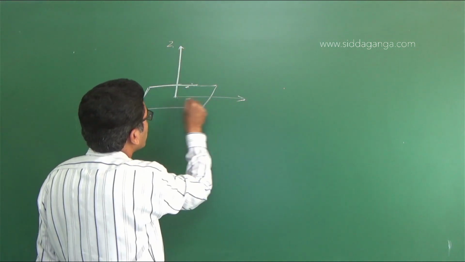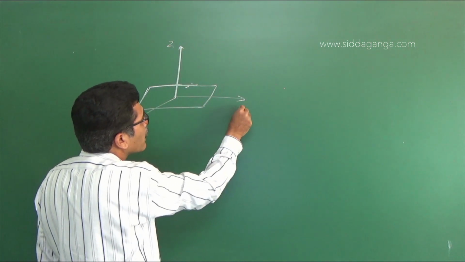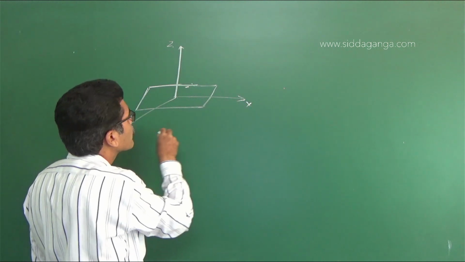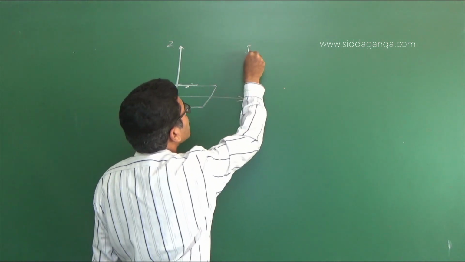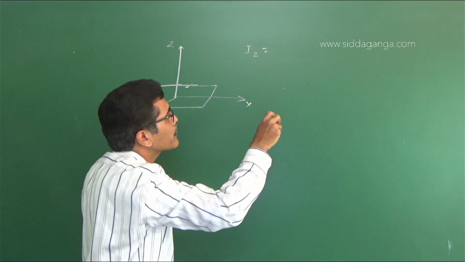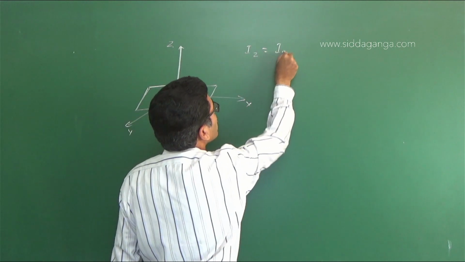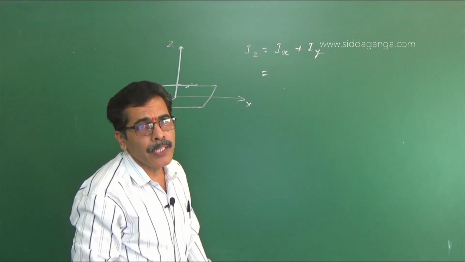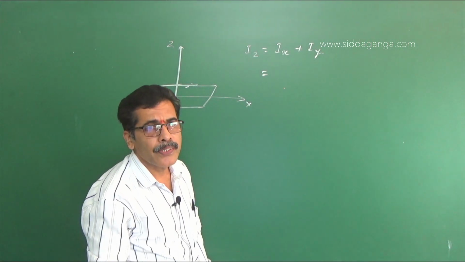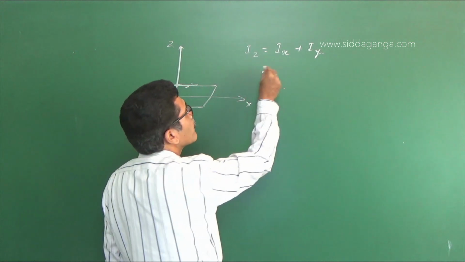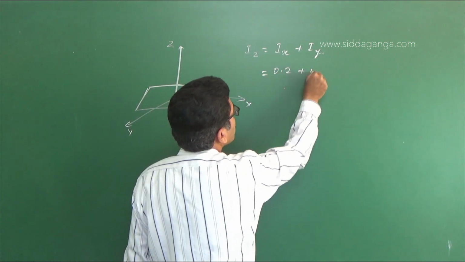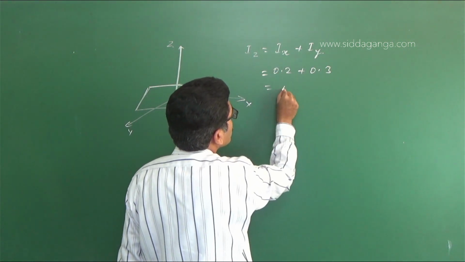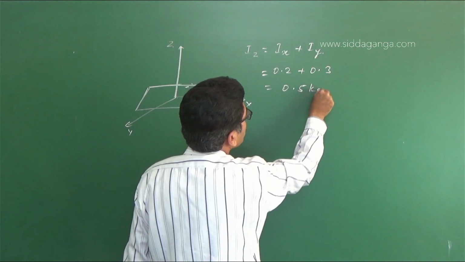They have given the moment of inertia along the x axis as well as the y axis. So, using the perpendicular axis theorem, I can write Iz = Ix + Iy. They have given Ix is 0.2 kg m² and Iy is 0.3 kg m². Therefore, this becomes 0.5 kg m².